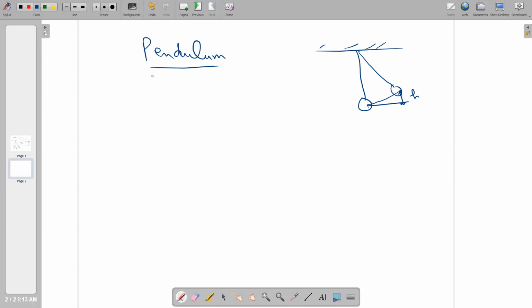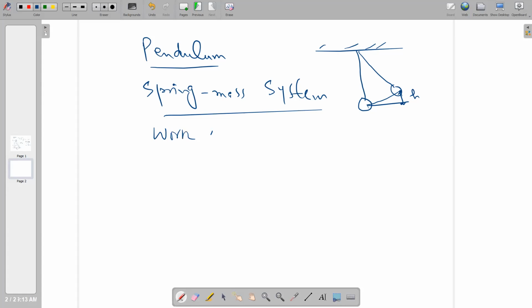And also we will discuss the spring mass system. In the spring mass system, we will find the elastic potential energy. We will find the work done by frictional forces.